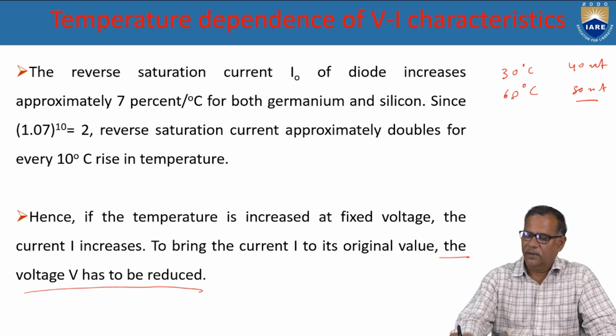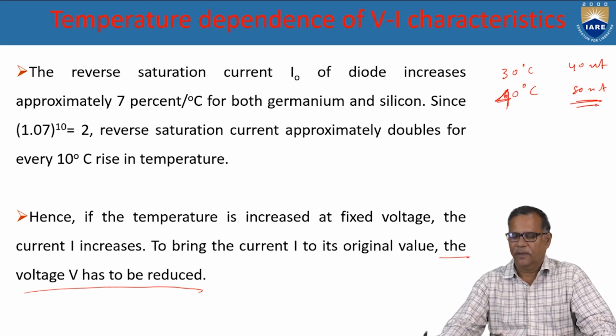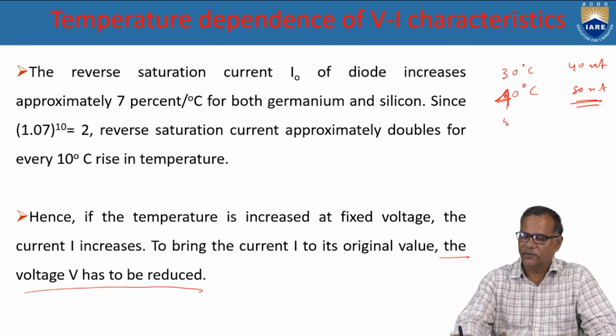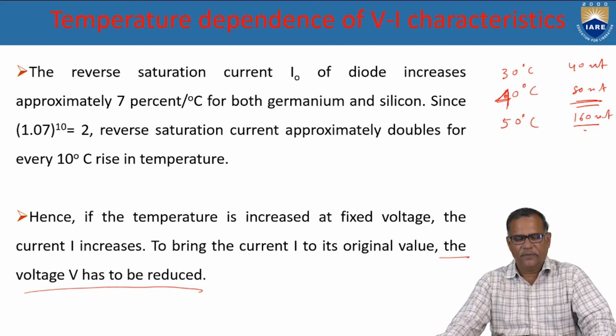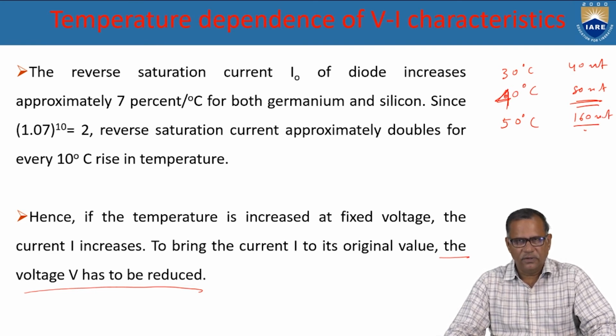So if the temperature rises to 40 degrees centigrade, then it becomes 80 milliamperes. If the temperature is raised again to 50 degrees centigrade, then this becomes 160 milliamperes. If the temperature is increased at fixed voltage, the current I also increases.